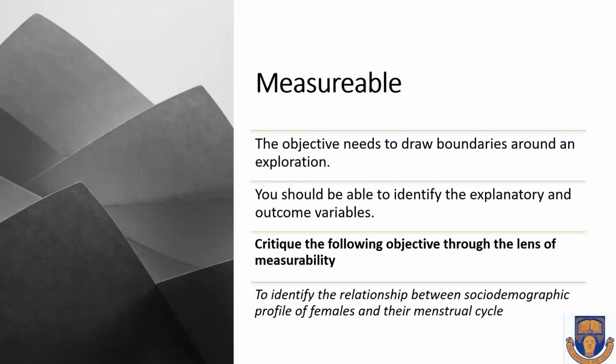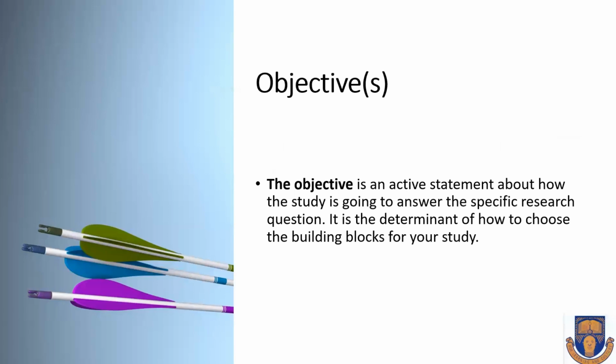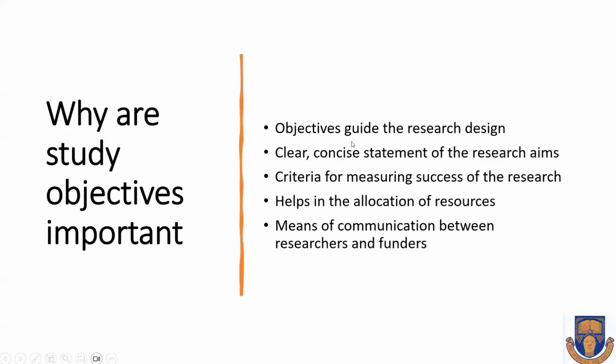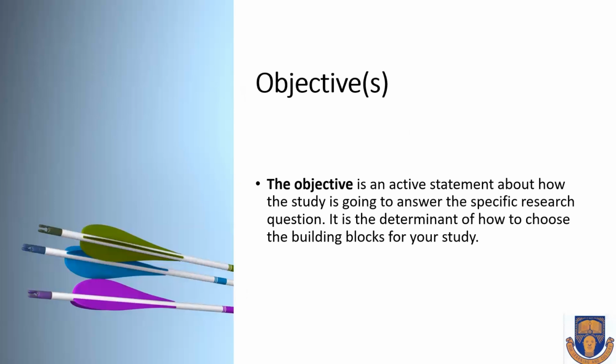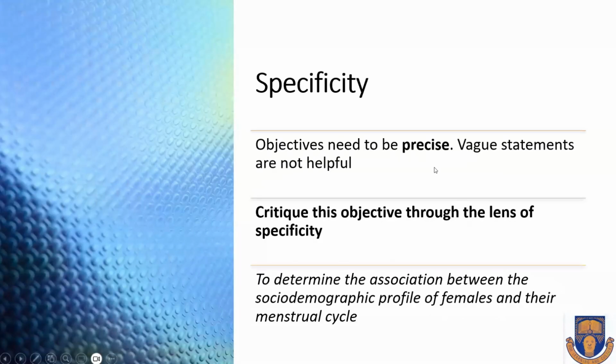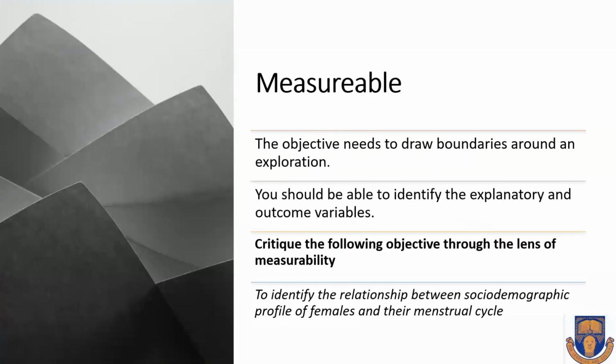When you have a study objective, it becomes a criterion for measuring the success of your research, for measuring if you have finally answered the questions. So when I have an objective that says I want to identify, it is only you that can determine that you have identified. Nobody else can, because it's you that are looking for the identification.